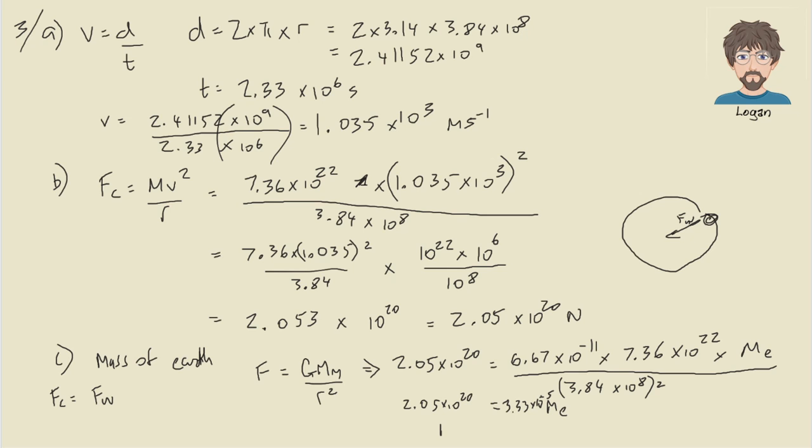And so therefore ME equals 2.05 times 10 to the 20. This is a classic case of where I would double check my calculations by trying to do the arithmetic another way, because you never know with something like this whether you're going to make a mistake, and so I'd probably try it with brackets and things in it just to make sure my calculator is not doing anything dumb.